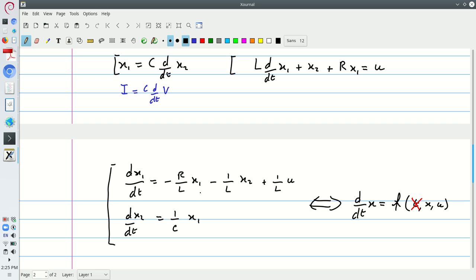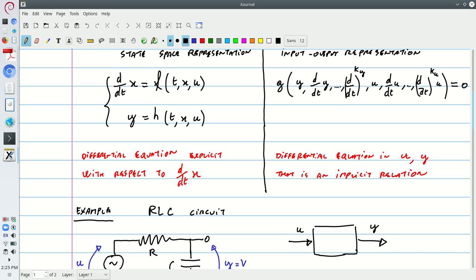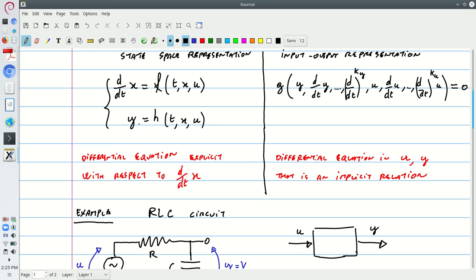But this is a function of just the state at time t, not any derivatives, just the state, and u. And now we need to finish our representation in the state space, to write y as a function of time, x, and u at most. If it doesn't depend on time, even better. If it doesn't depend on u, even better.